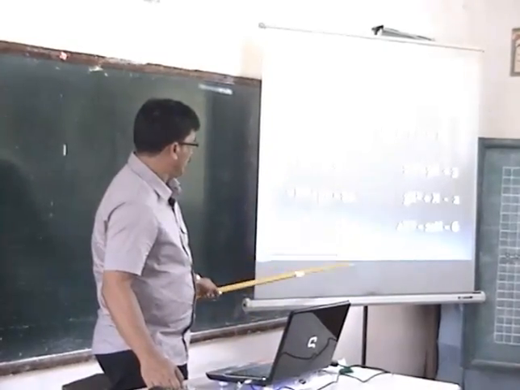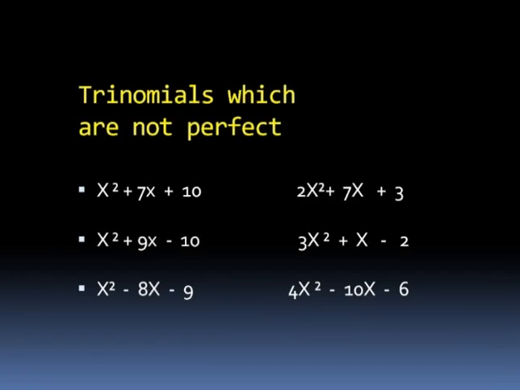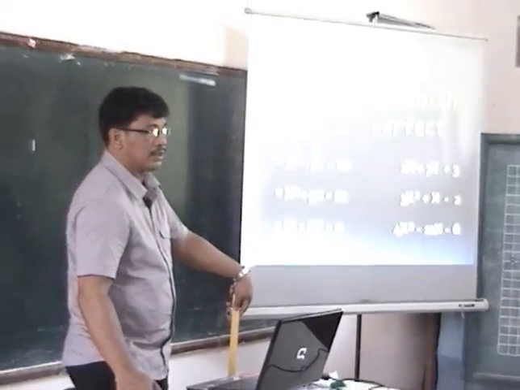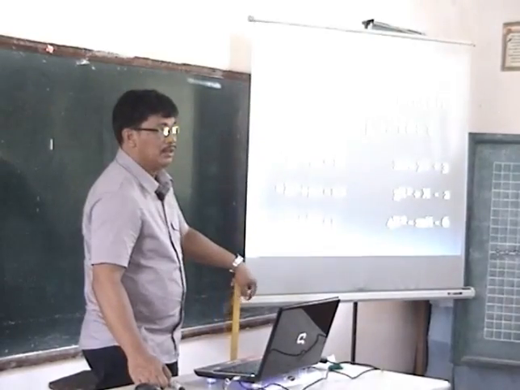So these examples, class, as you notice, either the first term or the last term is a perfect square, not like the perfect squares, where both the first term and the last term are perfect squares.